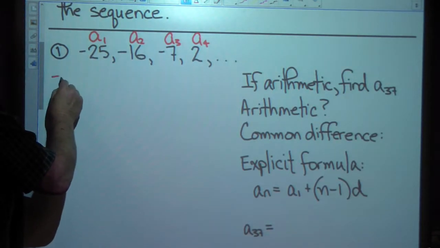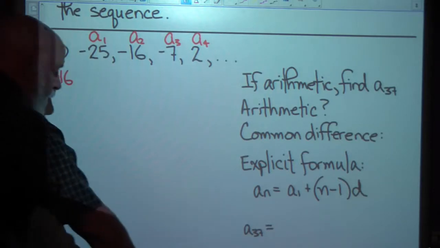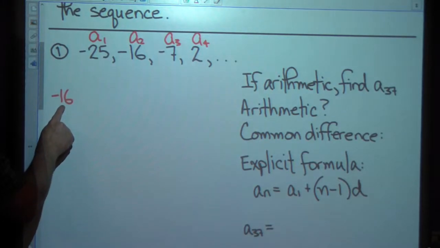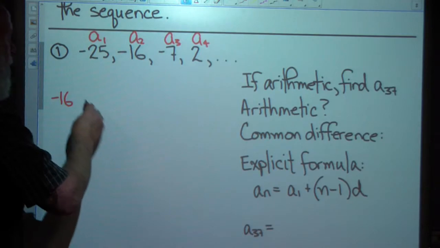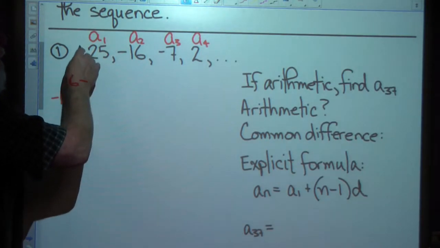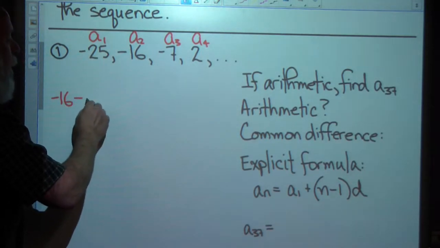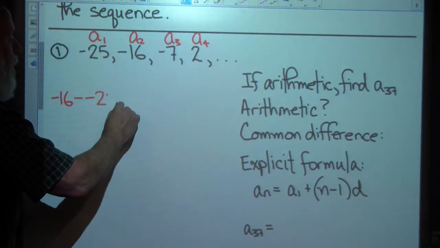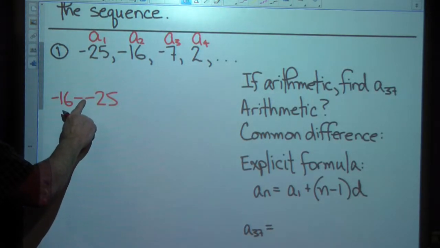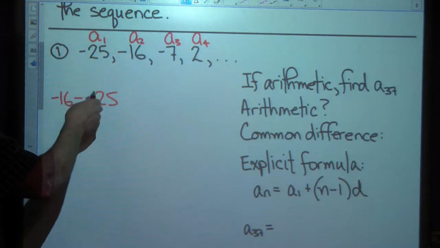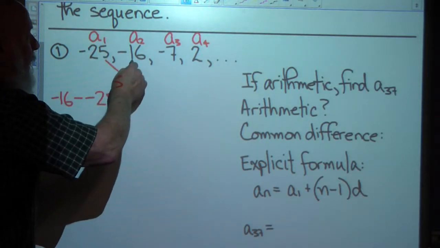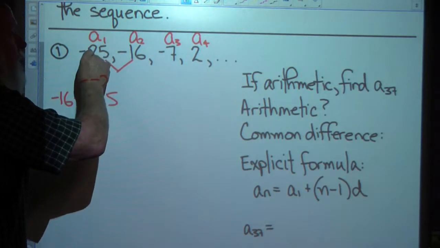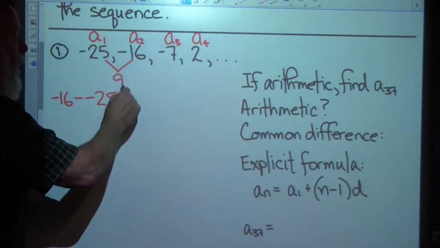So I have negative 16. I'll move this down just a little bit. Negative 16. Then I'm going to subtract the first term, which is minus negative 25. And if we do that, that's a double negative, so that's like a plus sign. That would be 25 minus 16, which is 9. So if I subtract these two, negative 16 minus negative 25, I get 9.